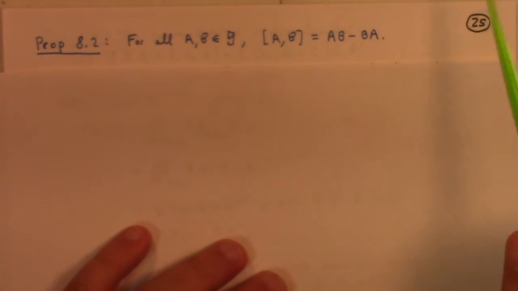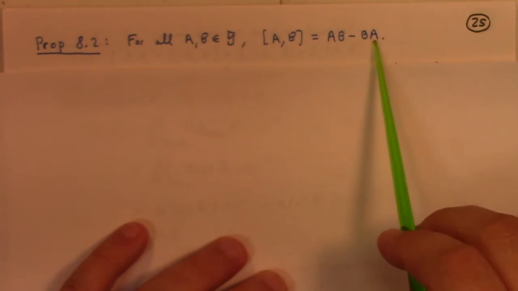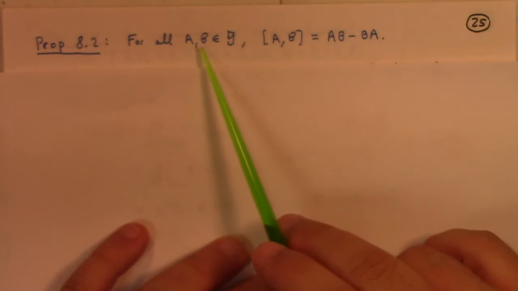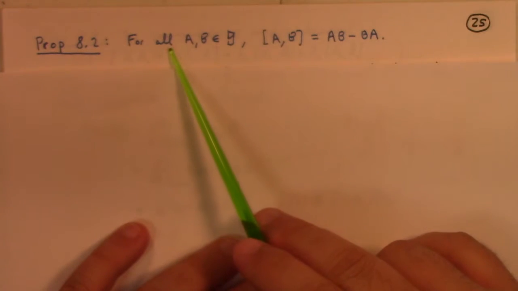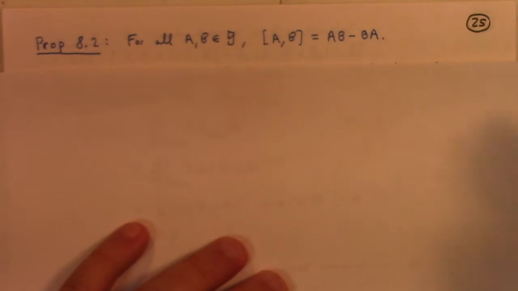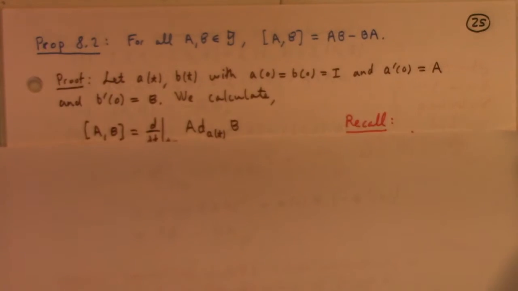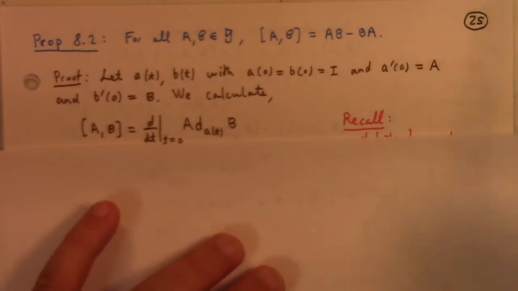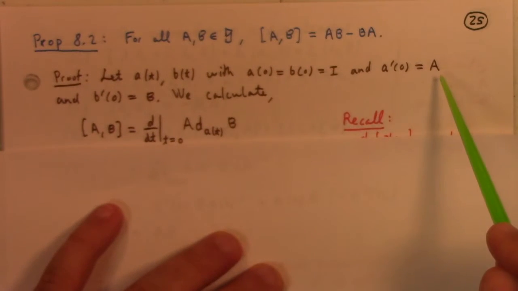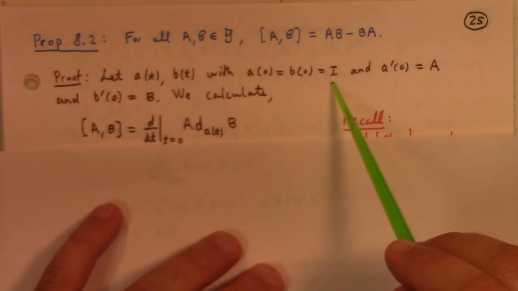So here's actually how to calculate the Lie bracket. If you don't want to differentiate, you just take the commutator AB minus BA. That's actually the Lie bracket of A and B in the Lie algebra; it works out to just this. And the proof is rather beautiful. So you take two curves that have respectively A and B as their initial velocities, both going through the identity at time 0.